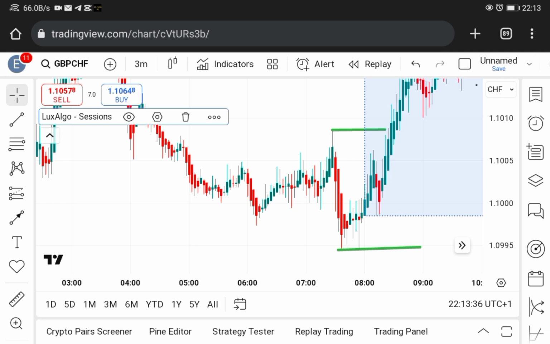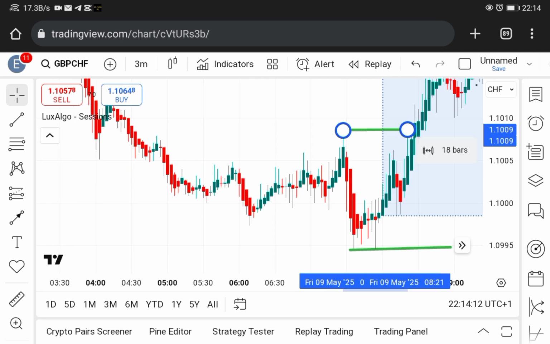So if you are using this indicator and you don't know how to set it up, you should look for when it is 7 a.m. in the morning at your time zone and 11 a.m. at your time zone.